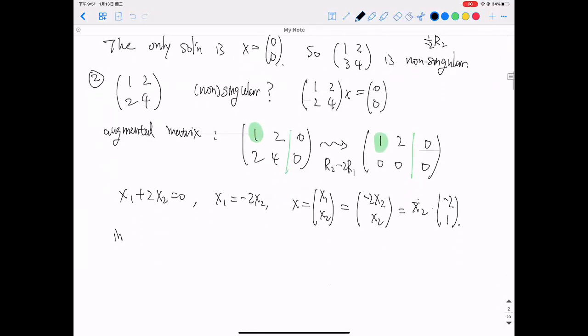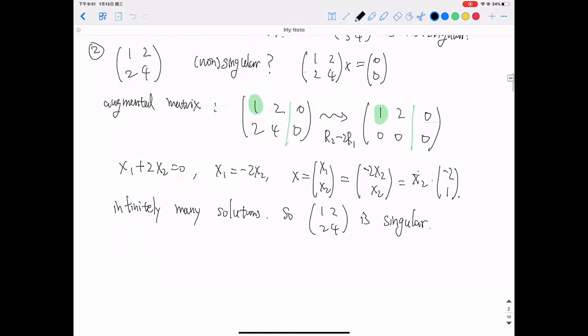So infinitely many solutions. So the matrix is singular. So in general, this is one way for now to decide whether a given square matrix is singular or non-singular.